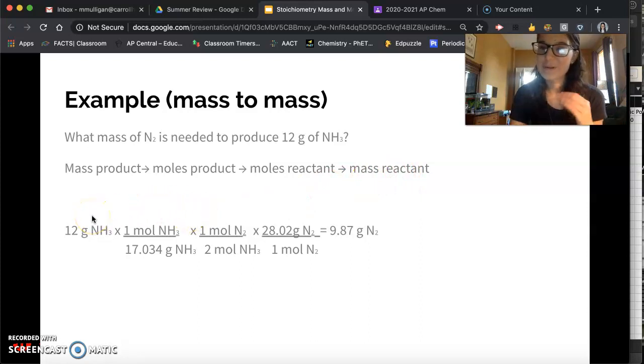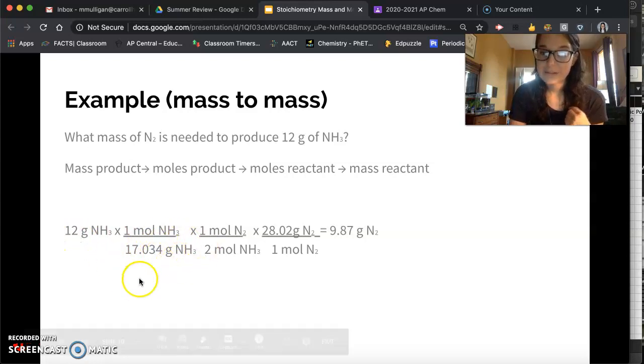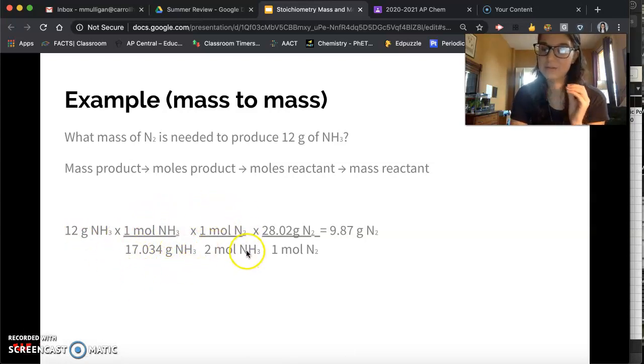So I'm going to go from 12 grams of NH3, divided by grams of NH3 per mole, which gives me moles of NH3. Use the molar ratio to go to N2, and then multiply by molar mass to get grams of N2. So my units will cancel: grams here, moles here, and I'm left with grams. So I would need 9.87 grams of N2 to produce 12 grams of NH3.